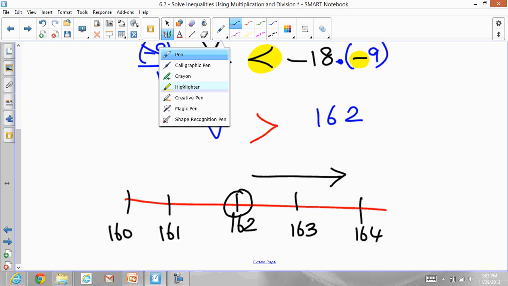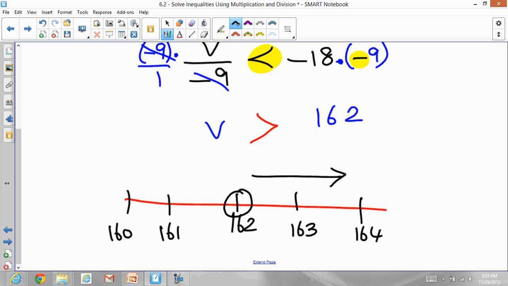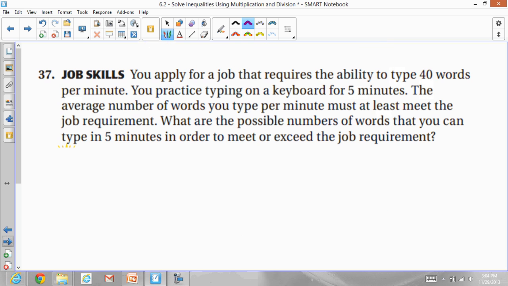And if you want to know which direction the arrow has to be pointing, watch this one. The arrow and the arrow. They both point the same direction if your variable happens to fall on the left. That is one way to pick your answer choices.